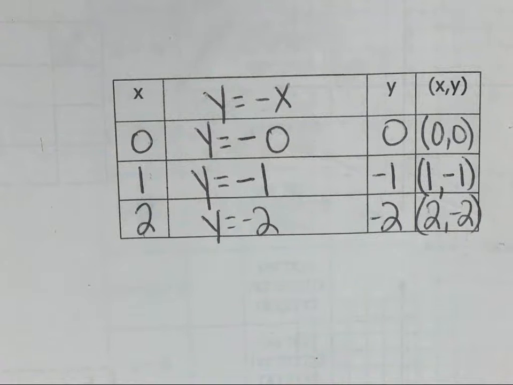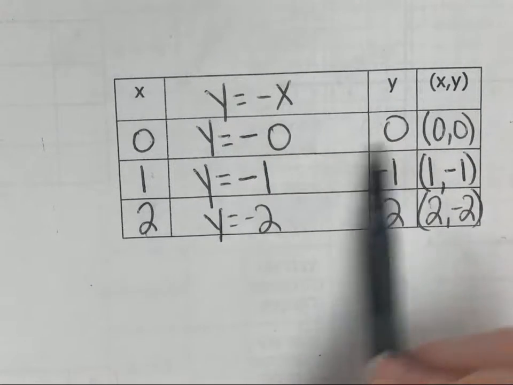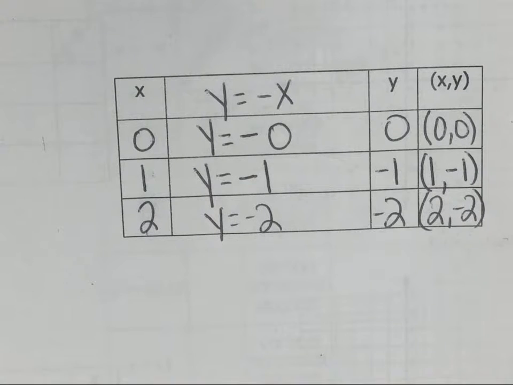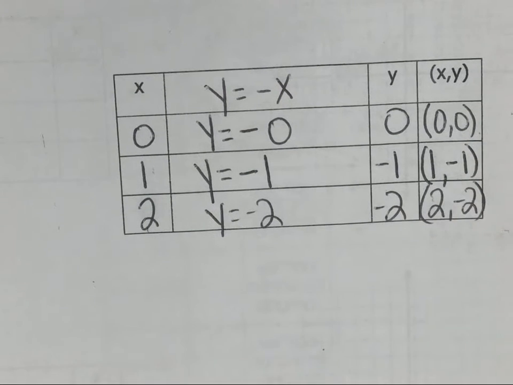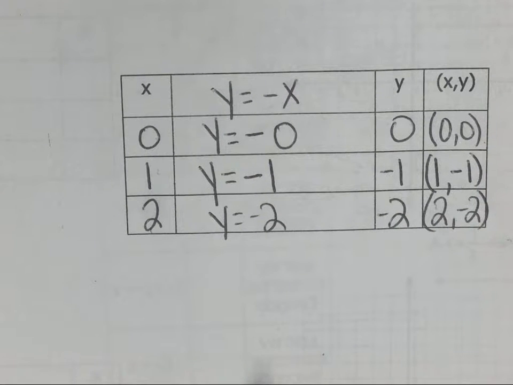In the column that says y, if y is equal to negative 0, that's 0. If y is equal to negative 1, that's negative 1. And then I put them together. Well, what's in front of x? A negative. So is that a negative slope? Do you see how they connect now, though?